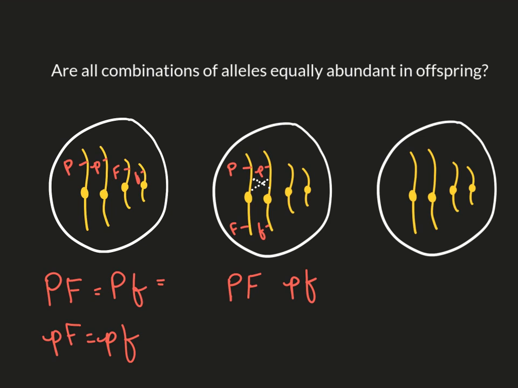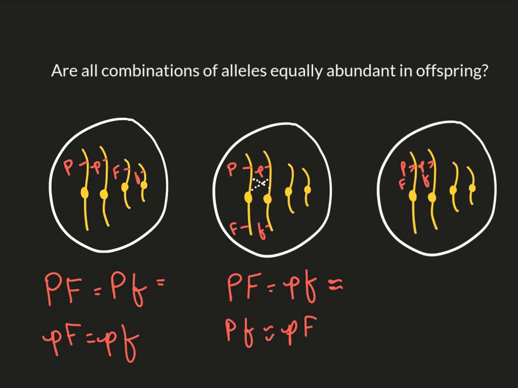Or in this case, that would be the big P, little f, or the little p, big F. Now, if these loci are really, really, really far apart, and recombination is just definitely going to happen between them, then maybe we could say that we're approaching equal proportions of those. But you might expect to see a little bit more of the big P, big F, and little p, little f. That is the concept of recombination distances and linkage mapping. The frequency with which you observe recombination between two loci on the same chromosome is directly related to the distance between them.